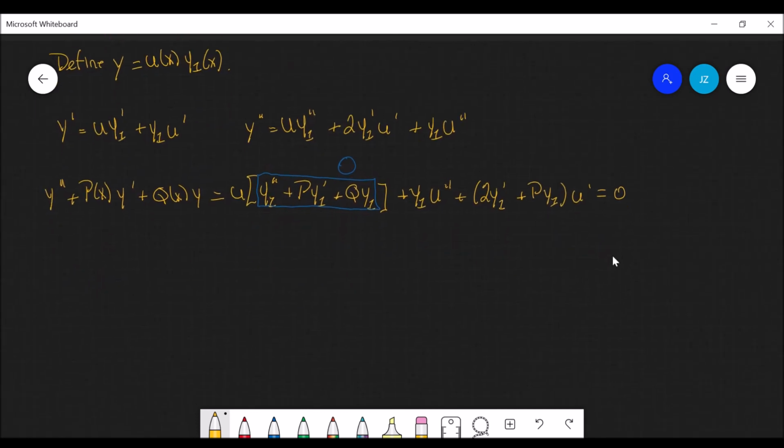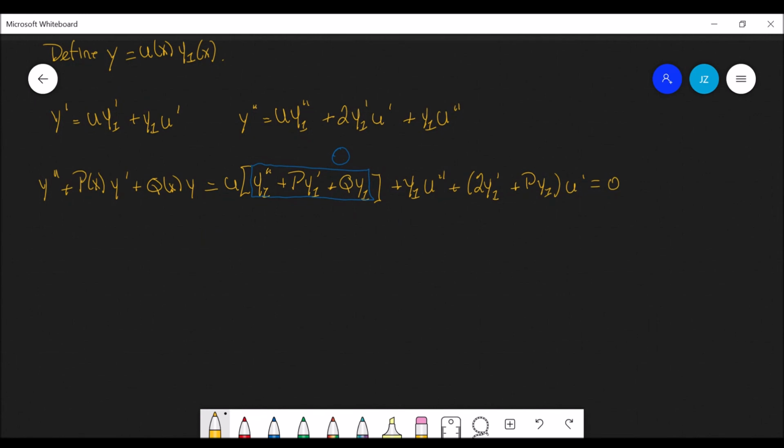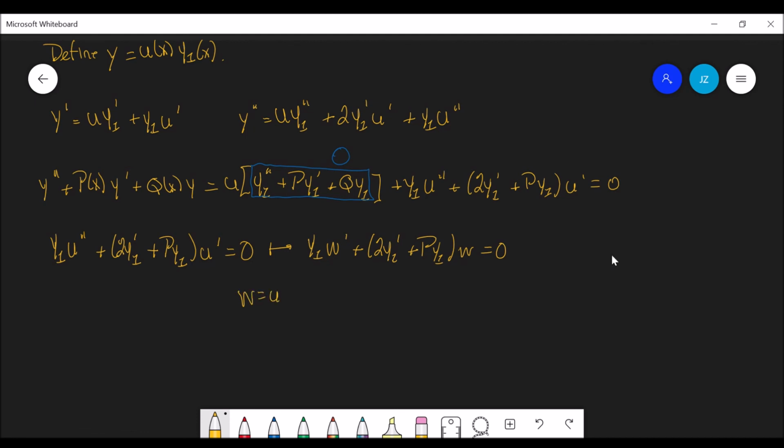And so what we get is y1 u double prime plus (2 y1 prime plus p y1) u prime is equal to 0, which we can rewrite as y1 w prime plus (2 y1 prime plus p y1) times w equals 0, where w was u prime.